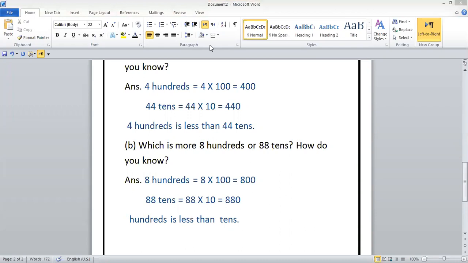Guys, now you have to tell me what I should write here. Tell me, is 800 more or 88 tens? Now I'm going to unmute all of you.